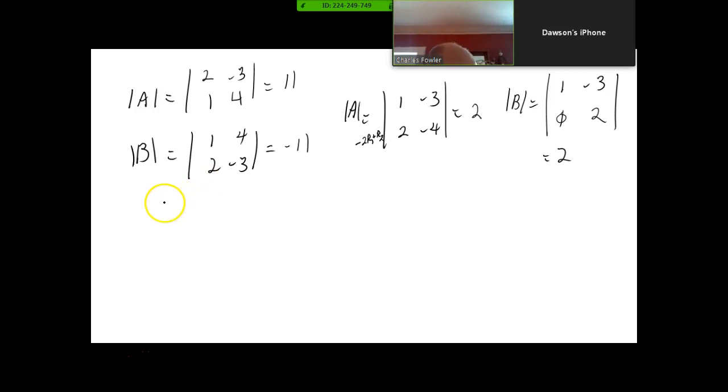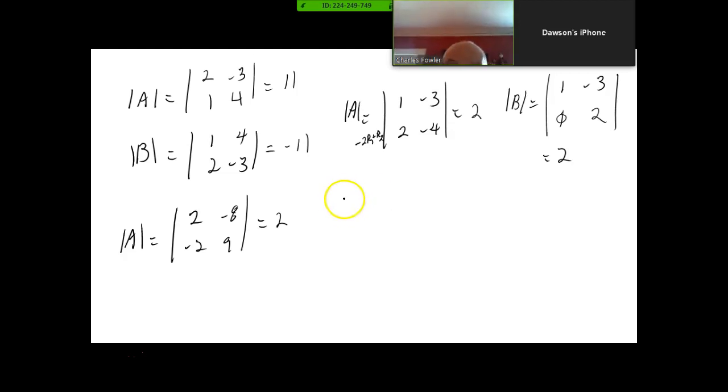Let's see about C. Okay, here's matrix A. 2, negative 8, negative 2, 9. What's this determinant? Yeah, 2.